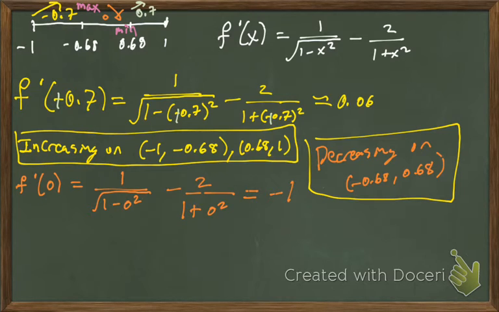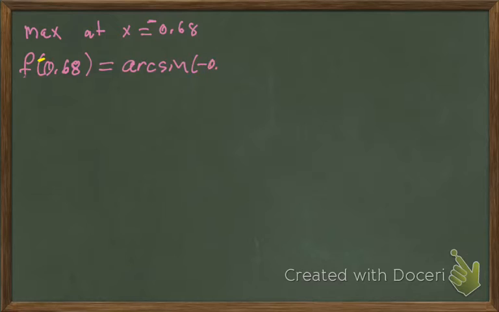So if we want to know the XY coordinate for the min and the max, we need to plug that into the original function. The original function is going to tell us position. Okay, so we're going to have a max at x equals negative 0.68, and so we're going to plug in negative 0.68 into the original function, and then that's going to tell us what the y value is.